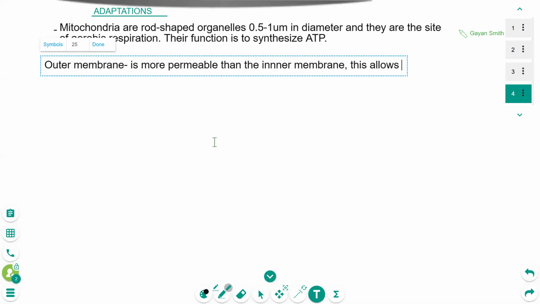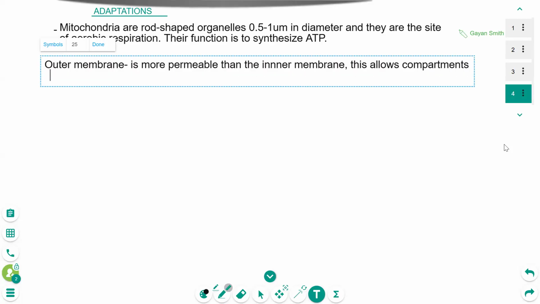And this allows compartments to develop. For example, we have the intermembrane space and the matrix, which are different compartments within the mitochondria.